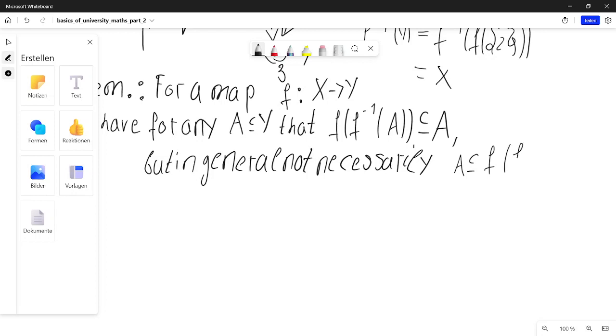So the other direction might fail to be true.